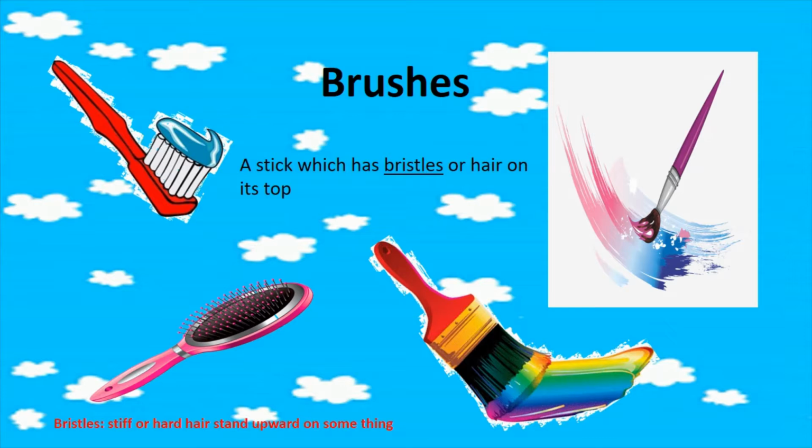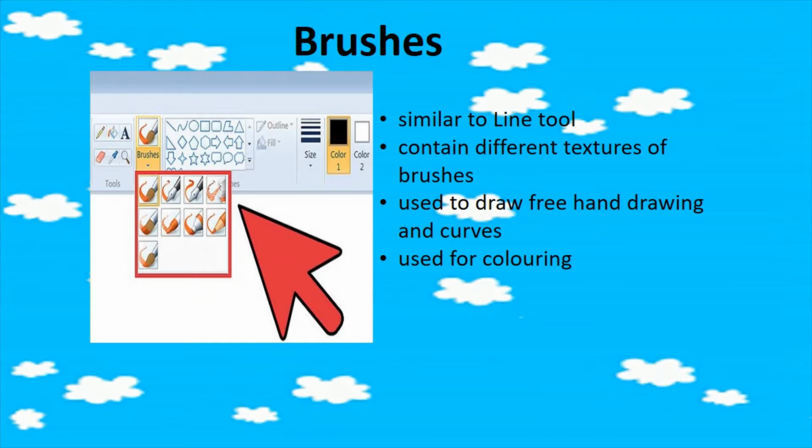So now let's discuss the brushes tool. Students, open your book, page number 51. Brushes tools are located in the ribbon area. The brushes tool is similar to the line tool.